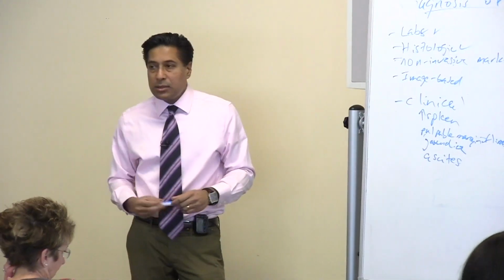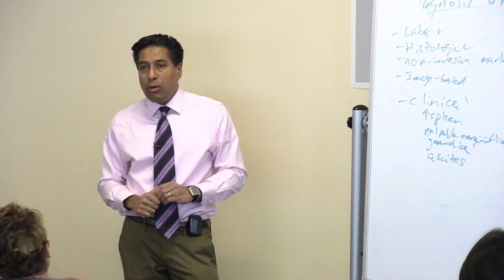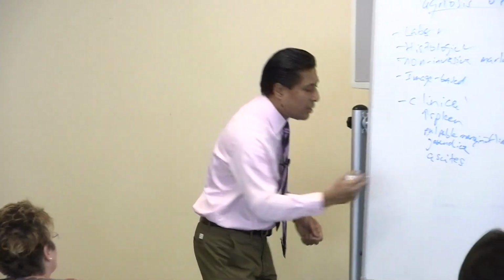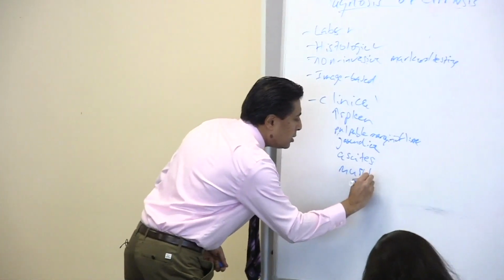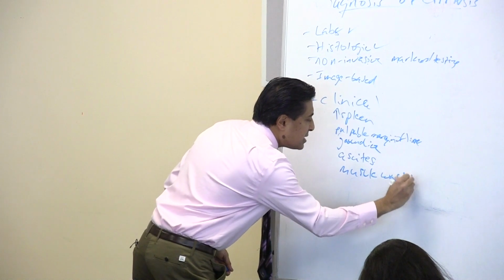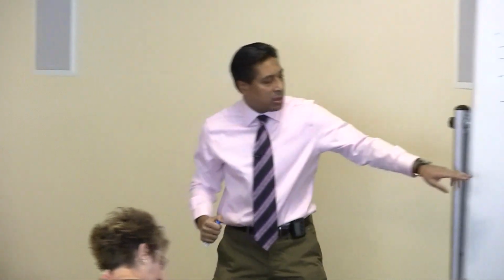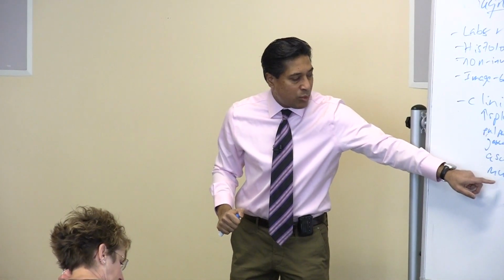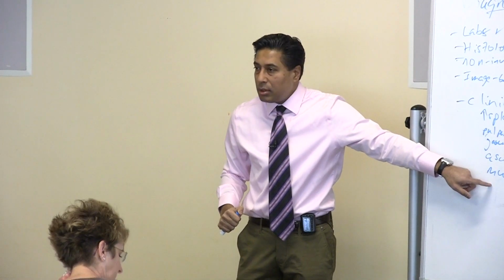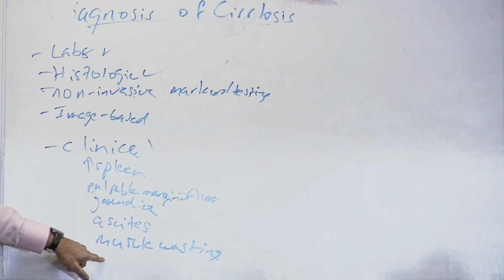Any other physical exam findings? Muscle wasting, thank you. Muscle wasting is something that's now being heavily studied. What really causes problems is defining what's truly from the liver and what's truly from just malnutrition or a combination of both, right?